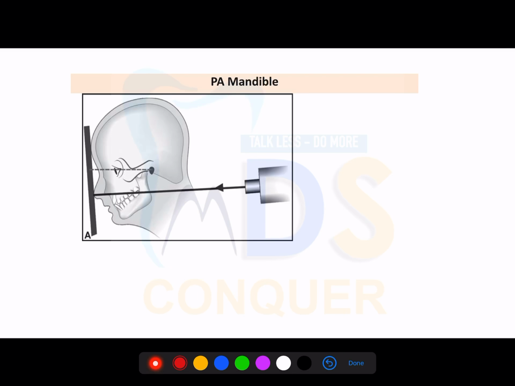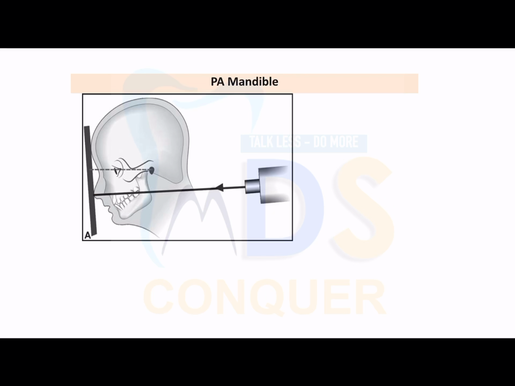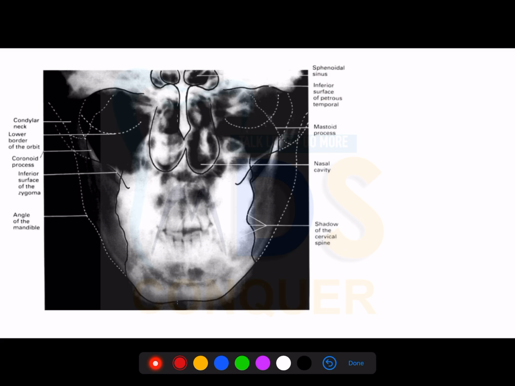Next, coming to the mandible view, the PA mandible. You can see that the forehead and the nose are touching the extraoral cassette. Why is this PA mandible view used? Here is the radiographic film view. This PA mandible view is mostly useful in evaluation of mandibular malformations, such as hypoplasia of the mandible or increased size of the mandible.